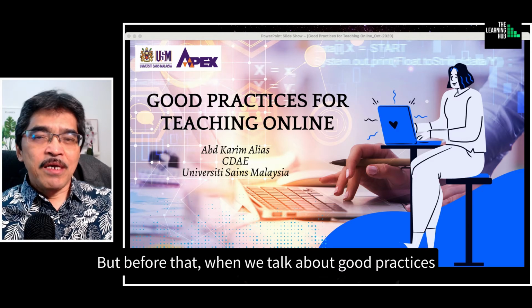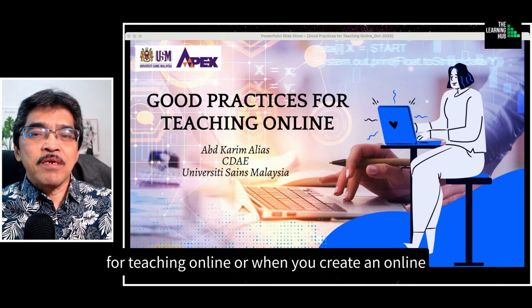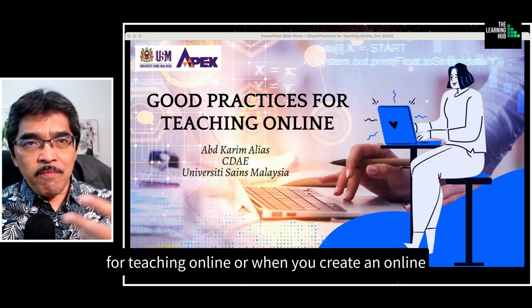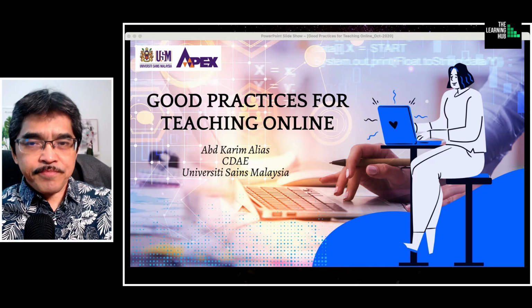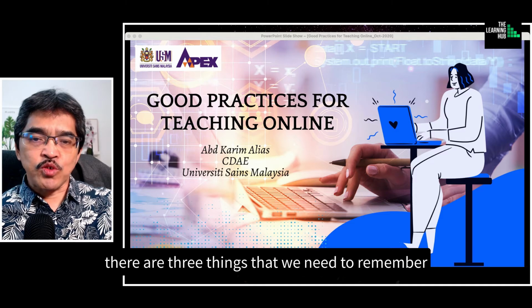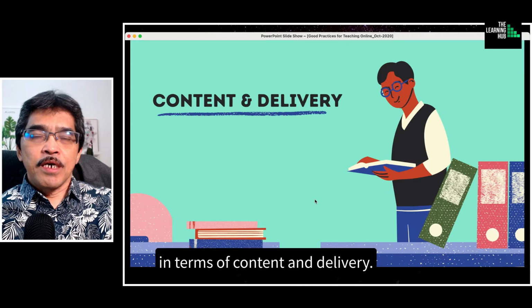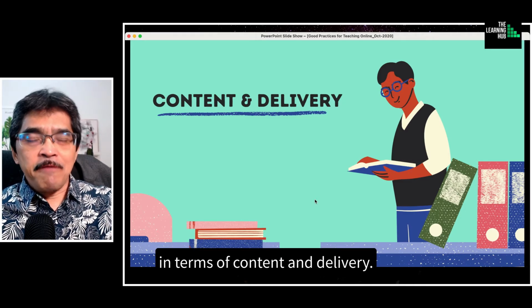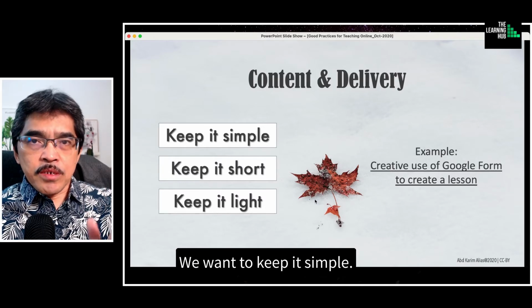But before that, when we talk about good practices for teaching online, or when you create an online course or online module, we want to make it simple. There are three things that we need to remember. In terms of content and delivery, we want to keep it simple.